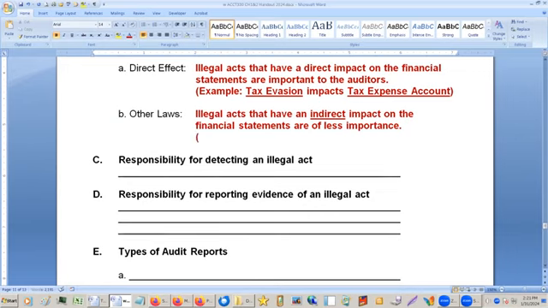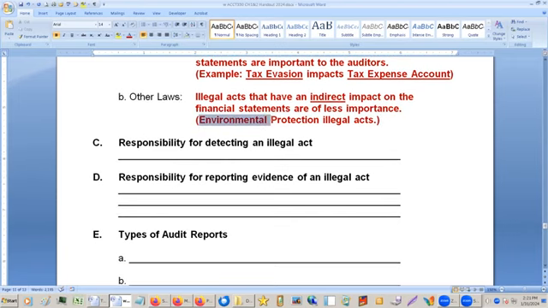Example, environmental protection. Let's say you find the client is doing something illegal when it comes to the environment. Maybe they're not disposing of something properly or something like that.